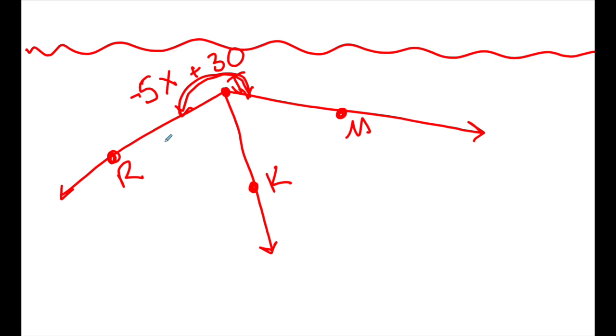And here, what I have is 2x plus 60. So I have negative 5x plus 30 for the whole angle, and then I have 2x plus 60 for the half angle.